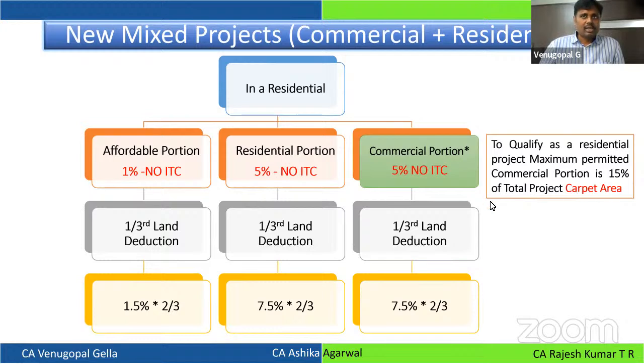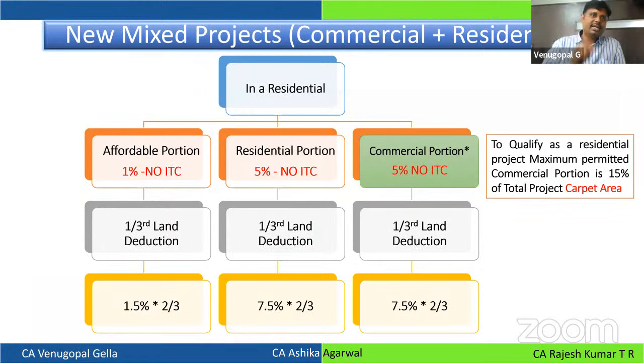So if my commercial portion is less than 15%, then the affordable housing section continues the tax rate of 1%. The residential portion would continue the tax rate of 5%. More importantly, the commercial portion, which earlier was 18% or 12% effective with input tax credit, would now become 5% without input tax credit.